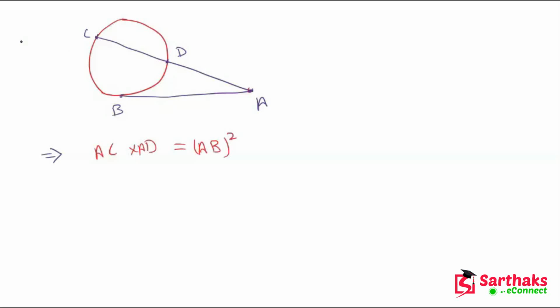This is the formula of secant of a circle. So AC into AD is equal to AB whole square. I hope you get this point.